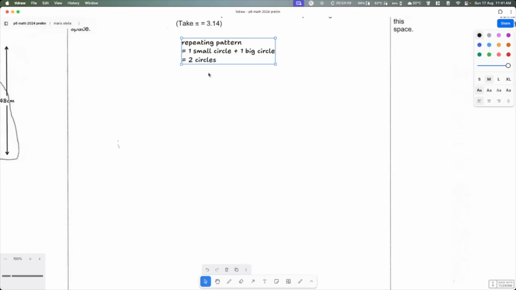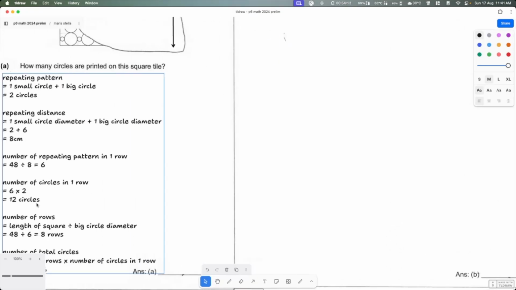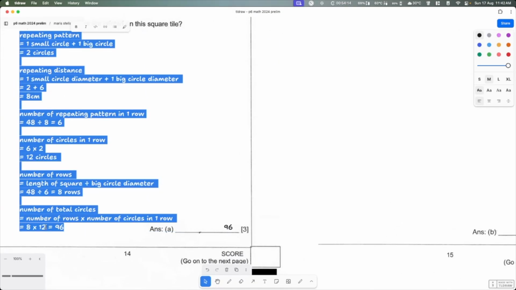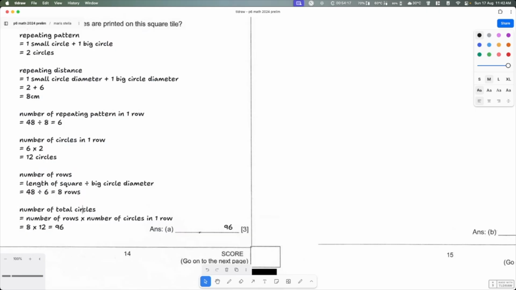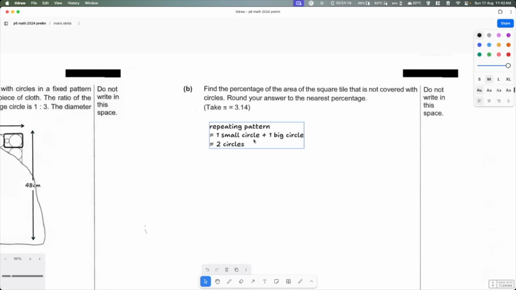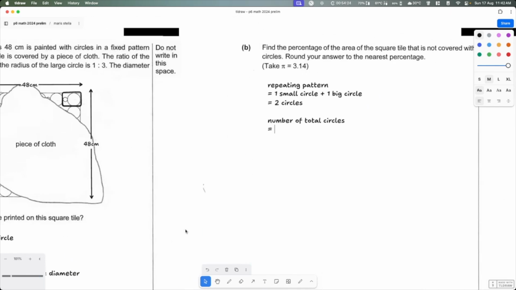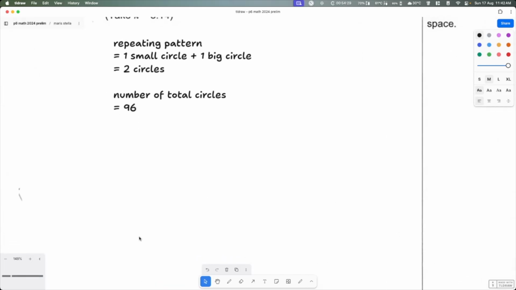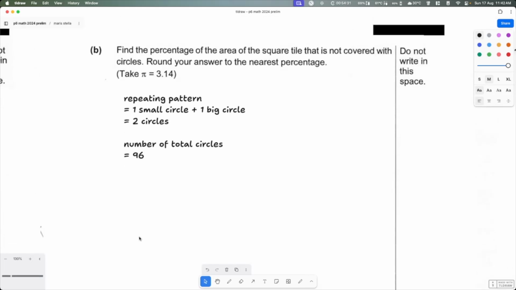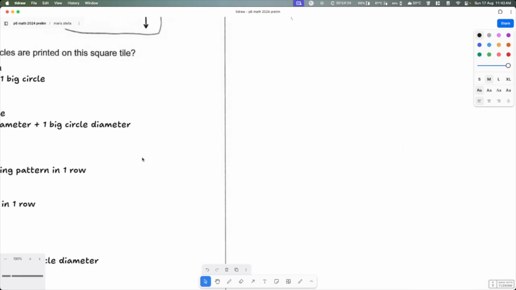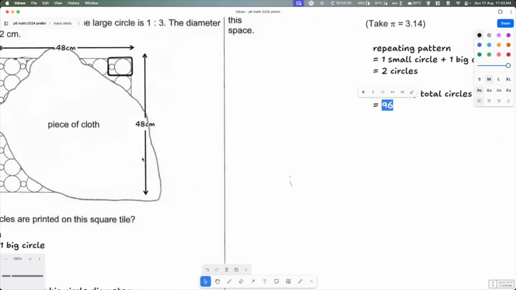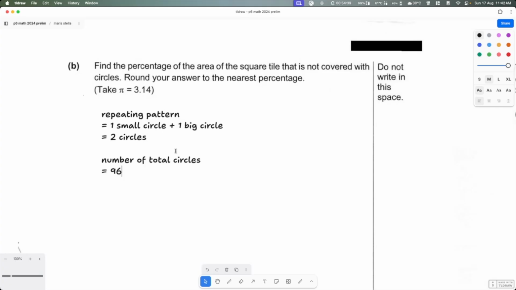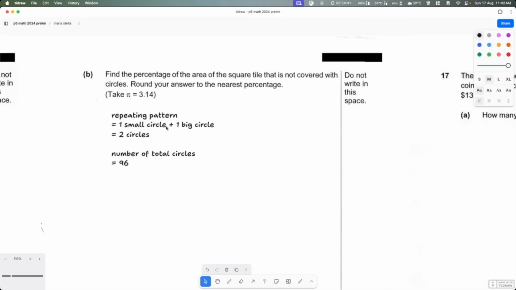The number of total circles is 96, so half and half. The repeating pattern is one small circle and one big circle, two circles over here.